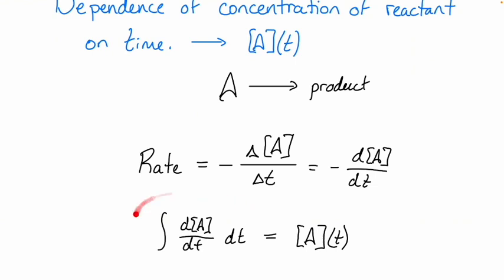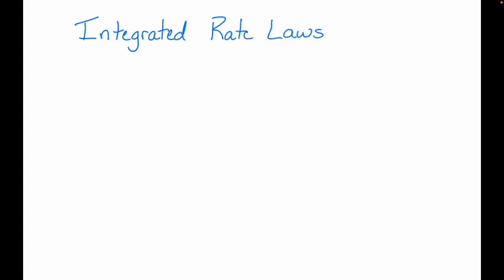I took these rate laws that we had, that we were just filling in our variables for, and I integrated them in order to get my function, my concentration of A as a function of time. So this is what we call the integrated rate laws, and we call them that because we had to do some integration to get there.